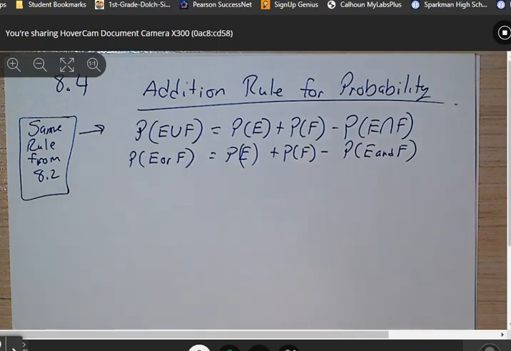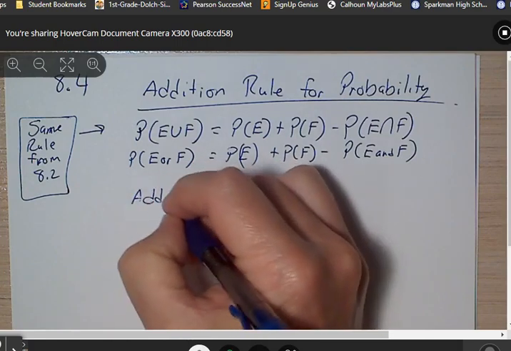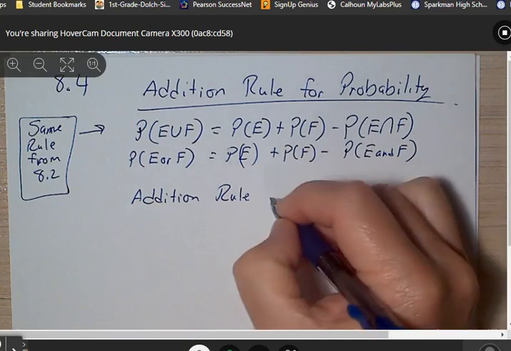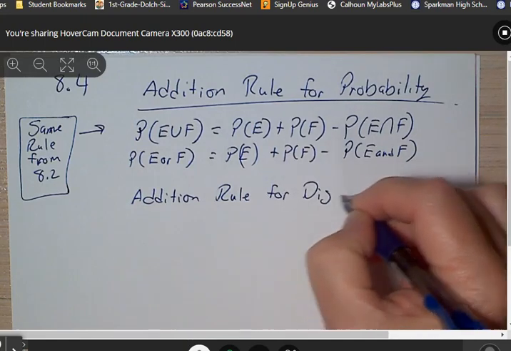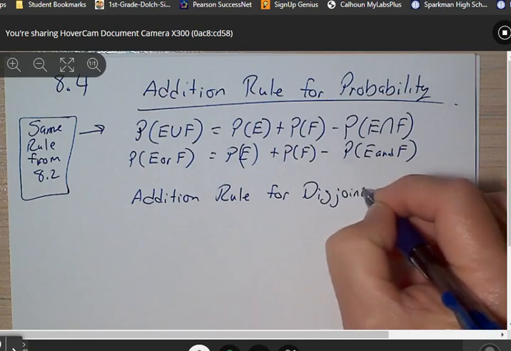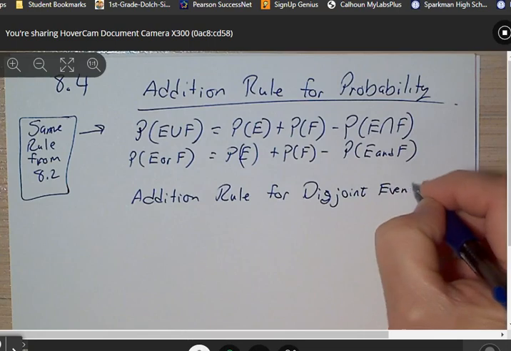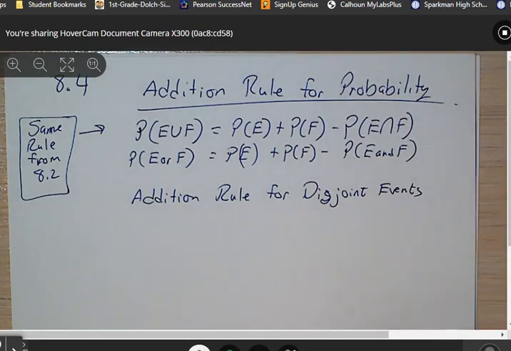All right. And the one thing they add in, which you don't really have to have, is they talk about disjoint events. Well, with disjoint events, there is no intersection at the end for this one.